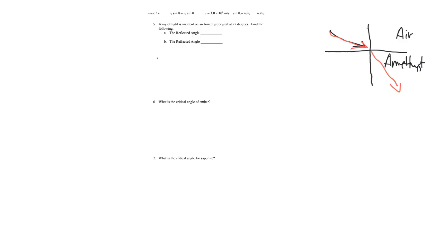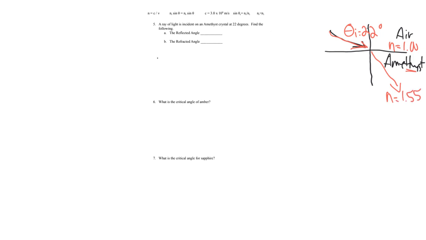The ray of light is incident on an amethyst crystal. So the incident angle is going to be 22 degrees. Air has an index of refraction of 1. Amethyst has an index of refraction of 1.55.